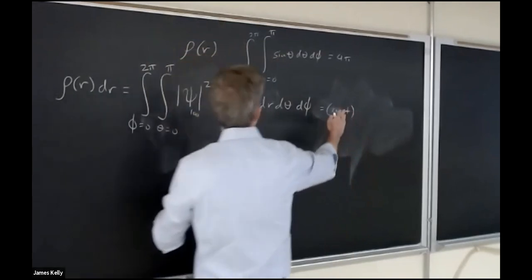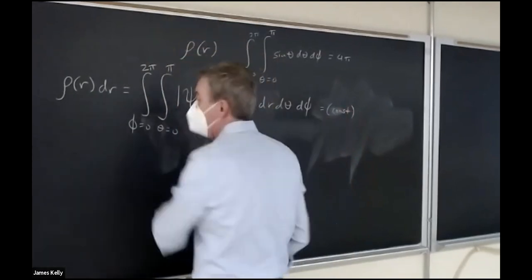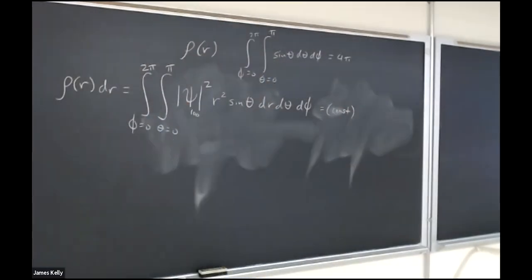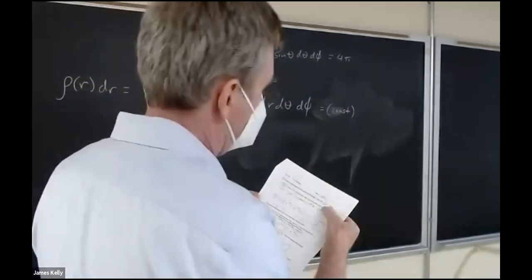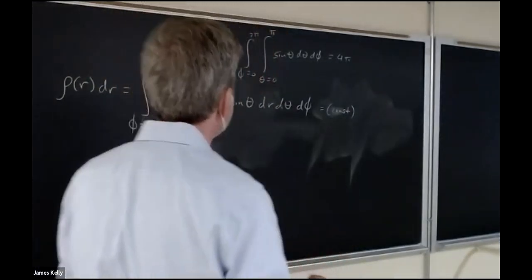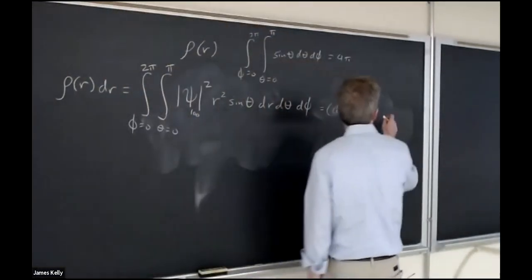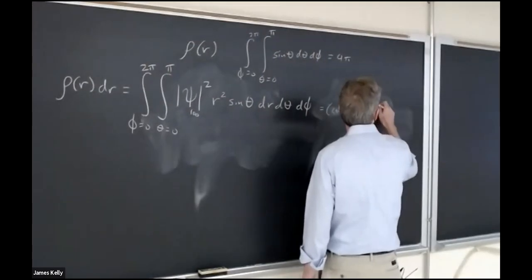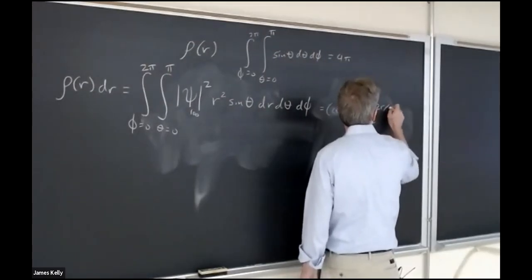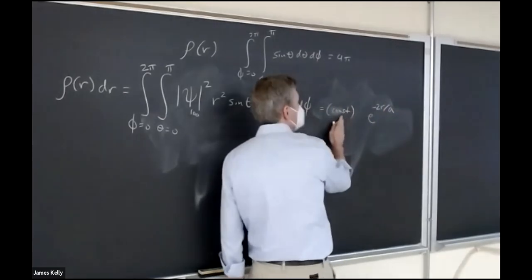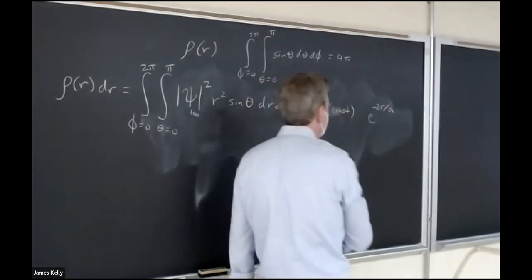So I've got a 4 pi in there. For the magnitude of psi squared, I have to look at the statement of the problem: psi was a constant times e to the minus r over a, so the magnitude of psi squared is e to the minus 2r over a, plus some extra constants, which I'm throwing in there.